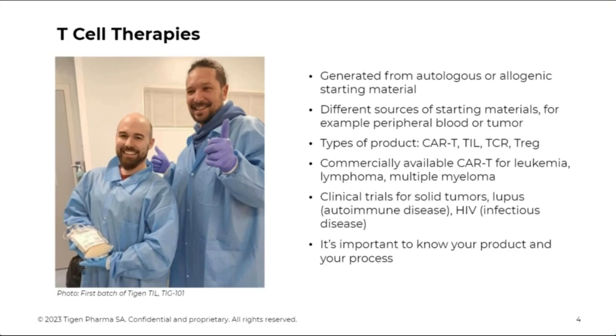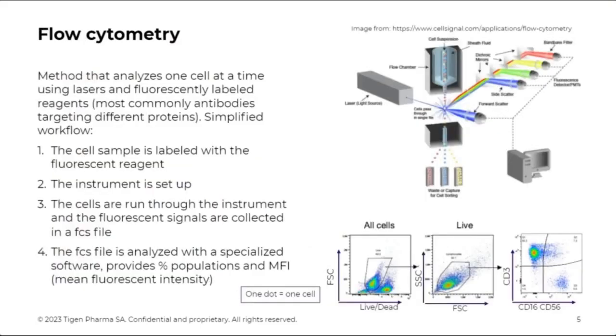As I said, there may be more; this is not a complete list. What I want to highlight is that it's very important to know your product and to know your process. If you do this, you have quite high chances of having successful submissions.